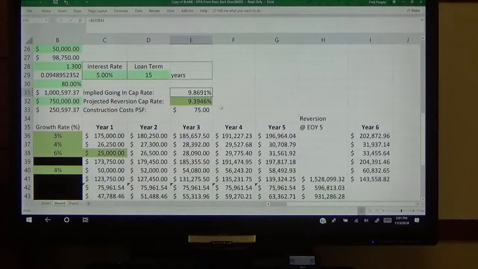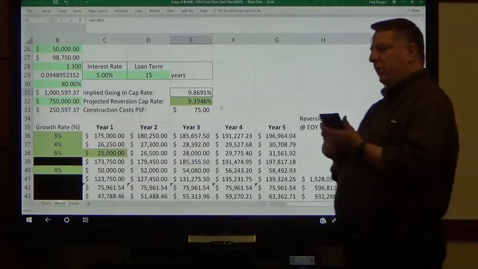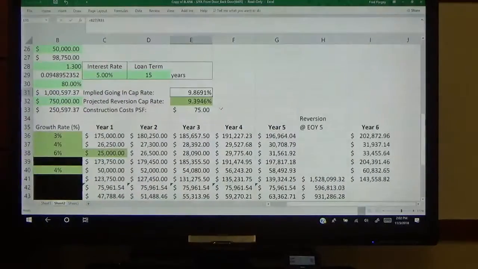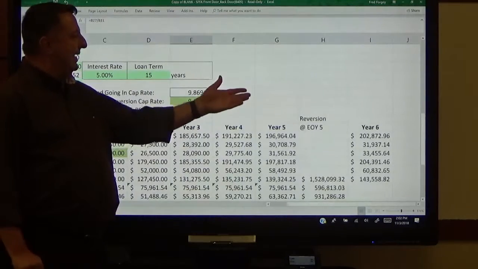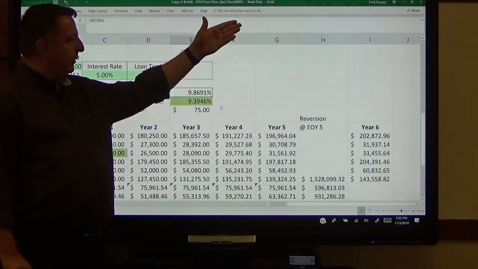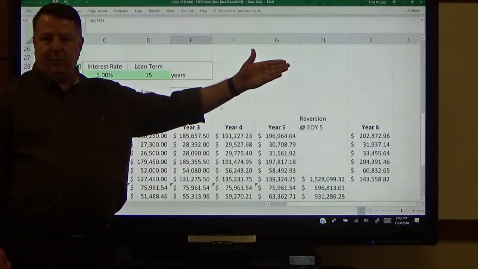So 98,750 divided by 1,597,037 gives us a cap rate of 0.098691, or 9.8691%. That is telling us that whenever we're buying this property, that would be the implied cap rate, based upon the income it's generating and the overall value of the property.